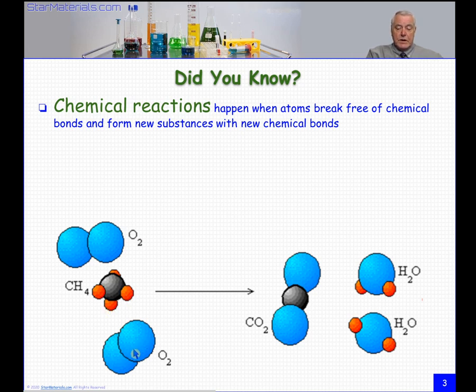And again, more oxygen here, O2. These are two atoms of oxygen that hang around together. When you combine these in the right way and have a chemical reaction, these molecules break up, and they form something new.